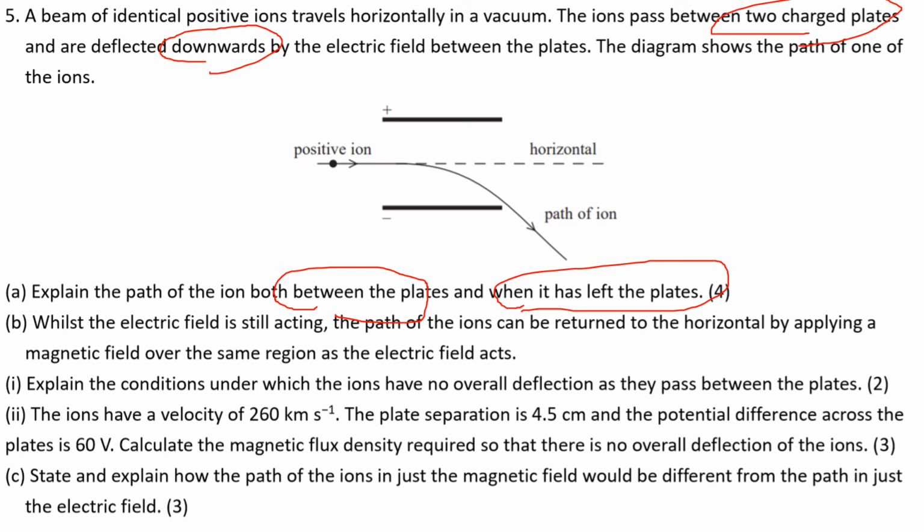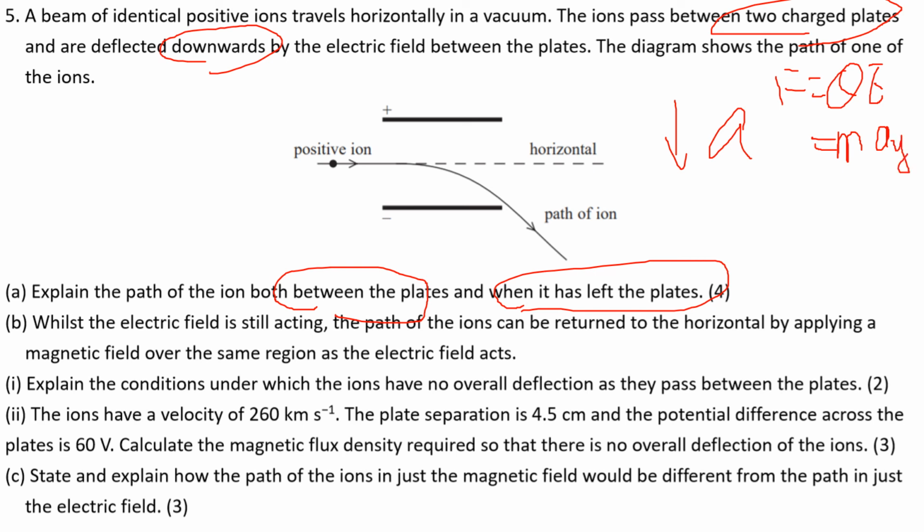So when the ion is moving between the plates, it is a projectile motion. Because the horizontal velocity doesn't change, it won't be affected by the electric field. However, for the y-axis there is acceleration, because the force F equals QE equals ma. So there is acceleration for the y-axis, but no acceleration for the x-axis.